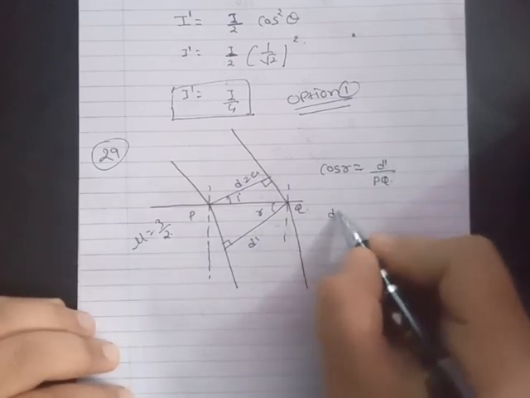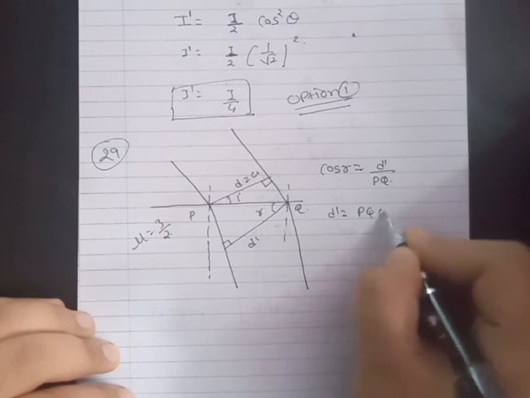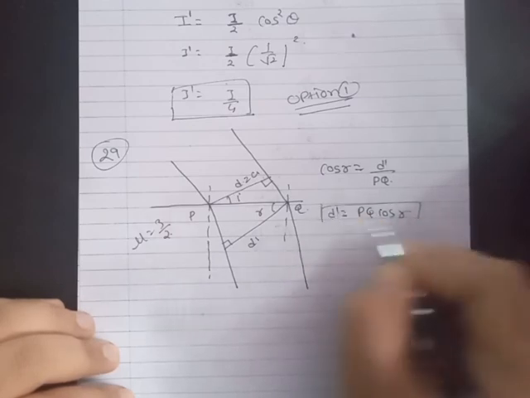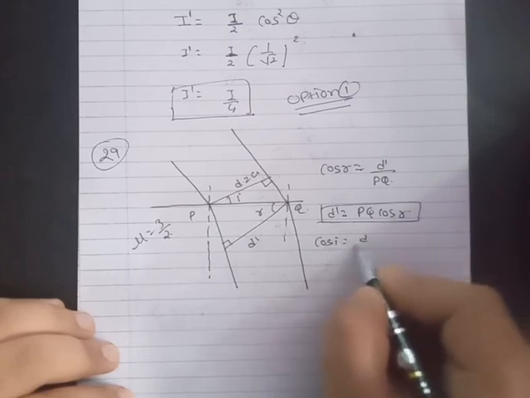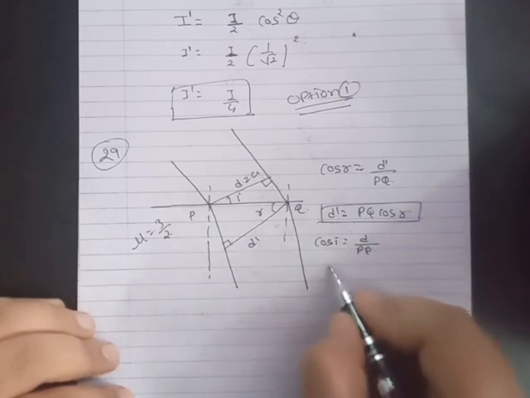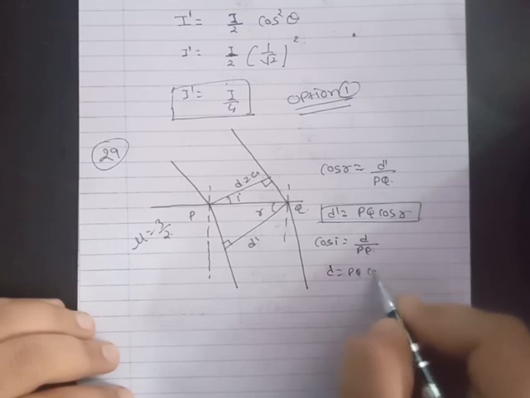So D dash is equal to PQ cos R. Now cos I is D upon PQ. So D is equal to PQ cos I.